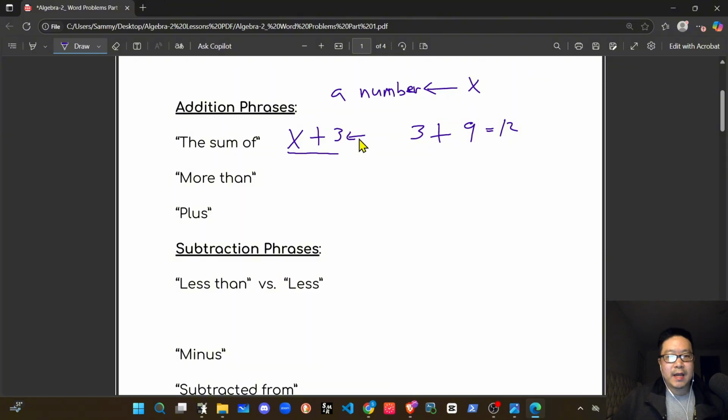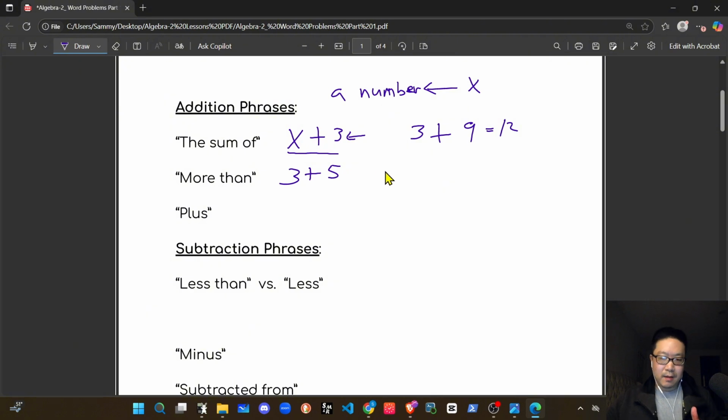Okay. Another phrase that has to do with addition is more than. So if I say something like 3 more than 5, that would be another way of saying 3 plus 5. Another example is 5 more than a number.